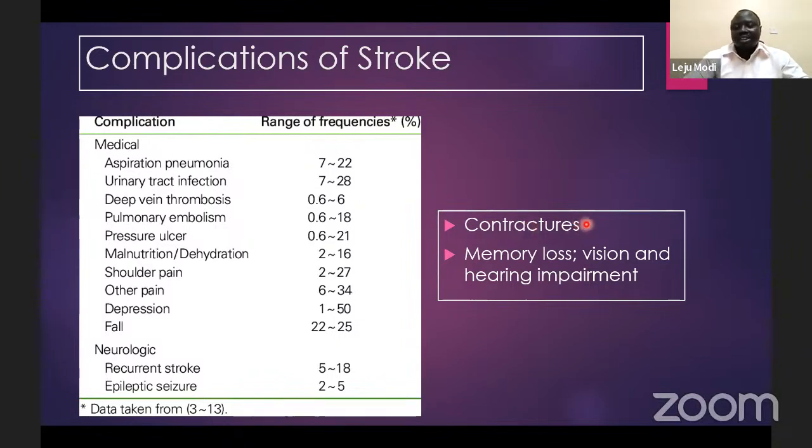So we call that contractures. Others develop memory loss, vision, and hearing impairments. All these depend on what part of the brain was the accident, and then it manifests on the part of the body that is controlled by that part of the brain. Okay, so quite a lot of complications can come from a stroke.